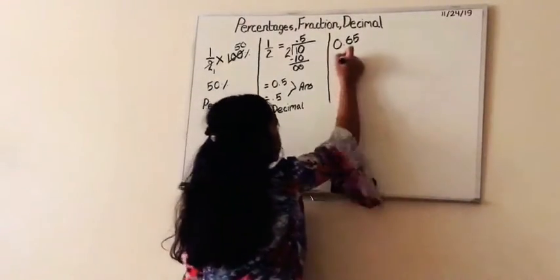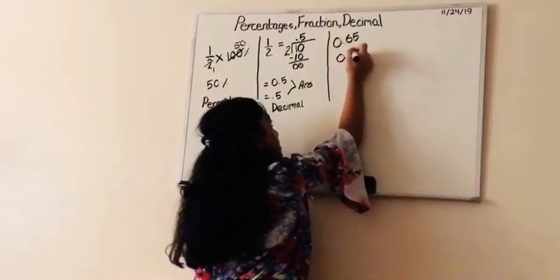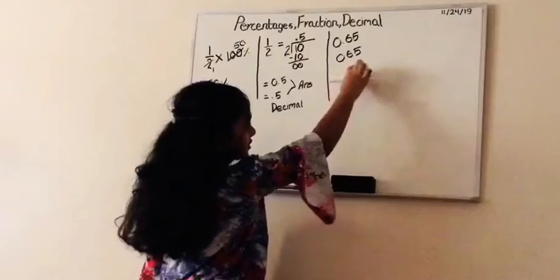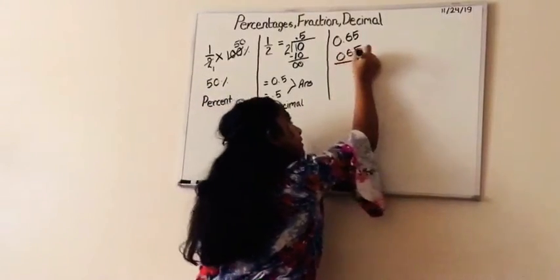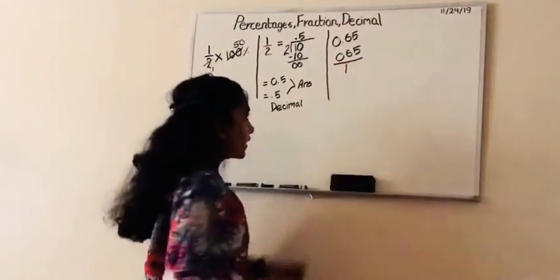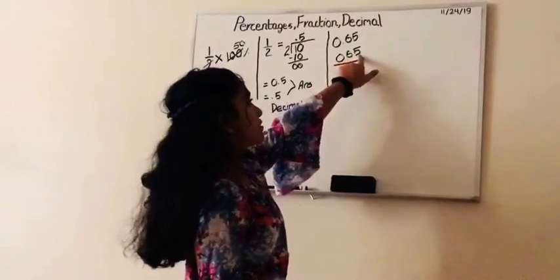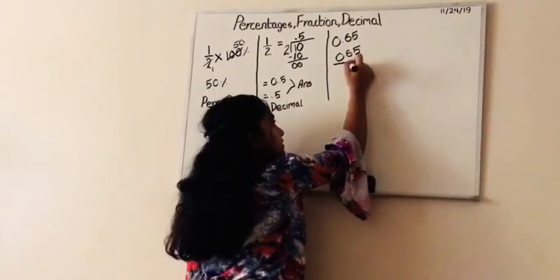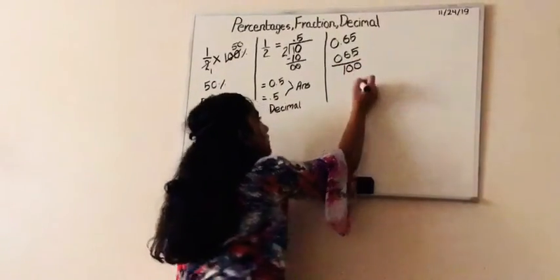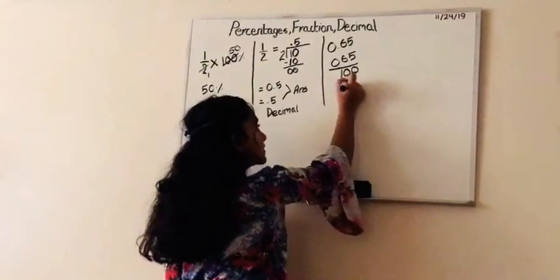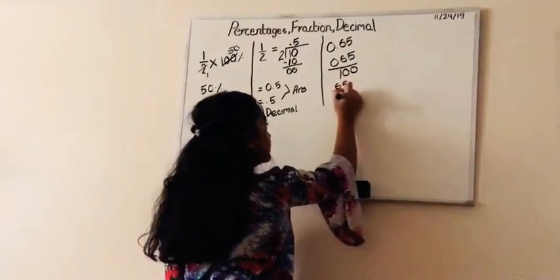All you have to do is write out the numbers, not the decimal, just the numbers. Then you see where the decimal is? Put a 1, and there are 2 numbers after the decimal, so you write 2 zeros. And the answer would be 65 over 100.